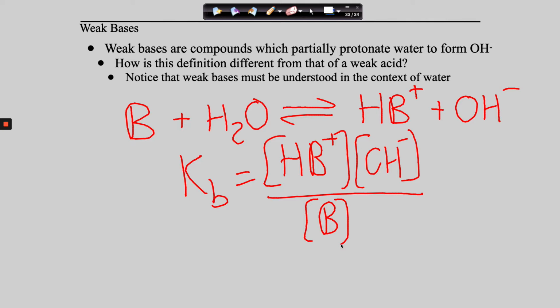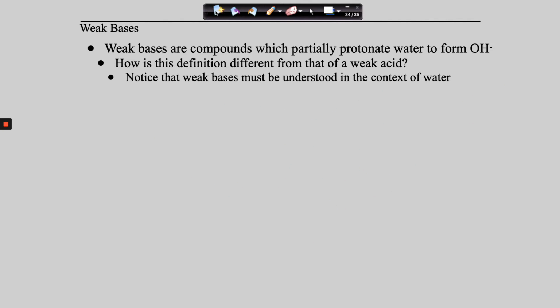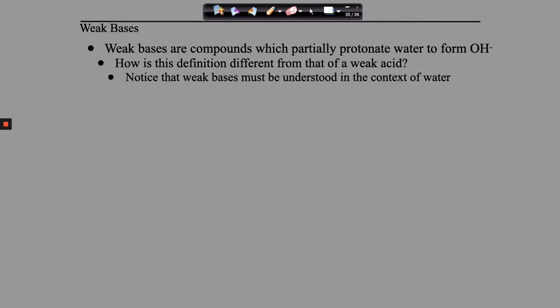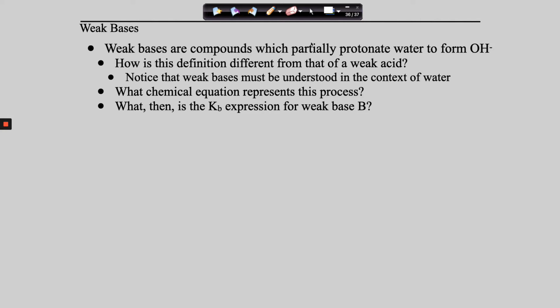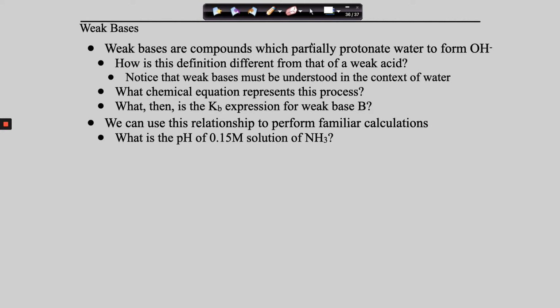Okay. So guys, what I'd like to do to wrap up the day is solve this with you, well, sort of. It says, what is the pH of a 0.15 molar NH3 solution?